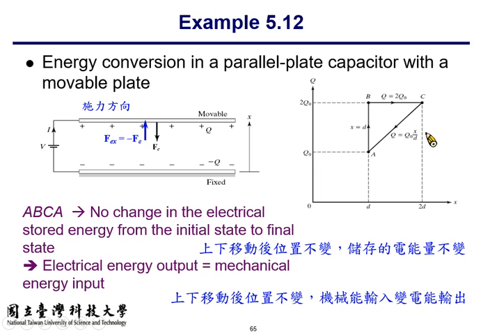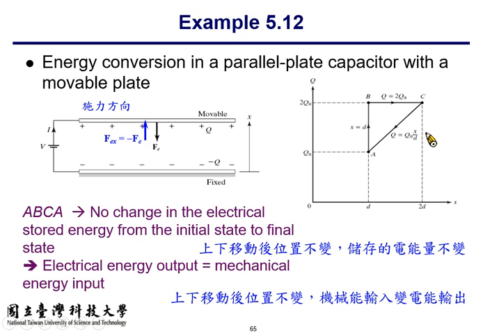However, look at the graph, the number of Q remains a constant of 2 times Q sub 0. This suggests the battery is disconnected in the course of B to C. Okay, so in the second phase, the battery is removed.